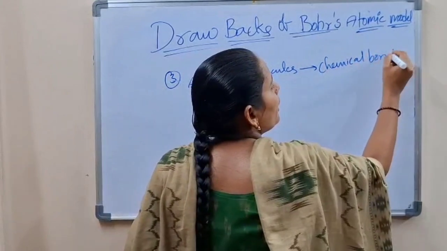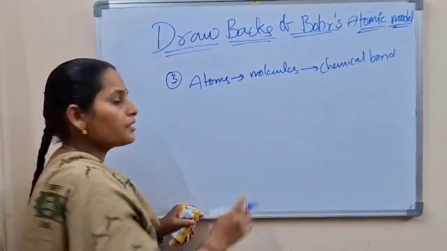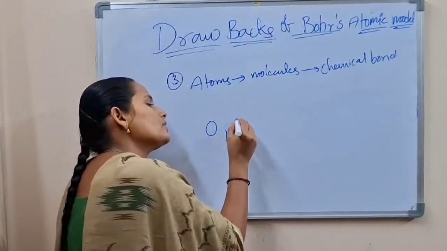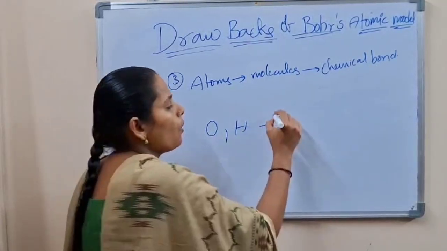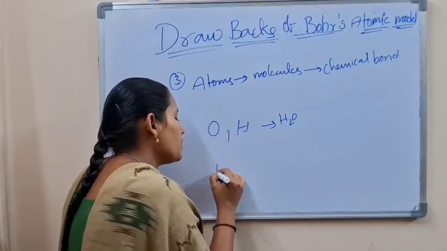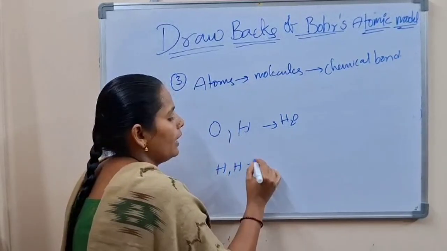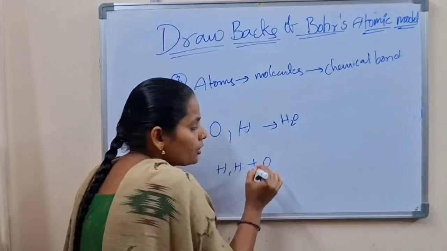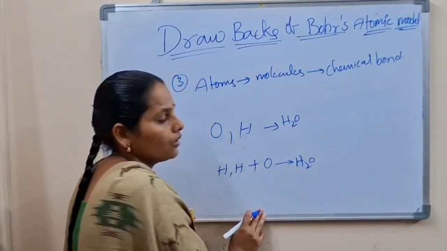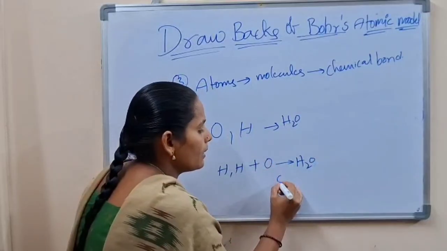For example, 2 atoms of hydrogen combine with 1 atom of oxygen to give a water molecule.